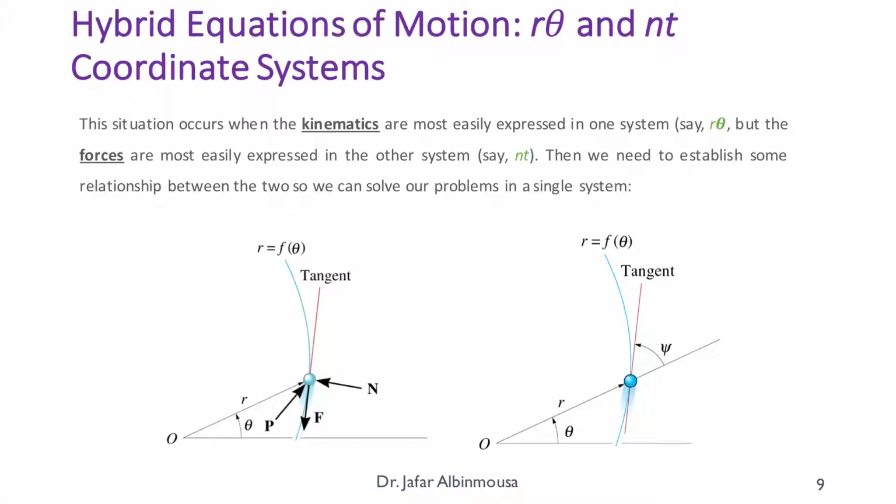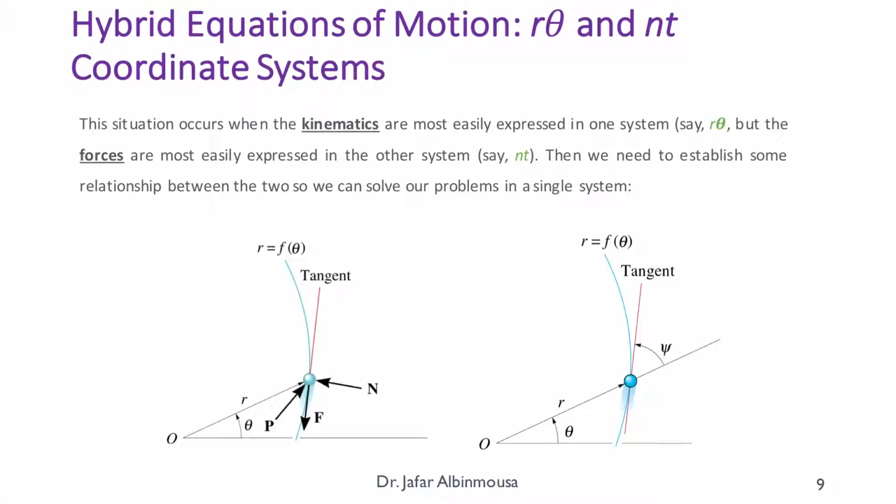The reason is that it is sometimes found that kinematics can be easily expressed using the RT, the radial transverse system, while the forces, which are the kinetics, can be easily described using the normal tangential system. So what are we going to do? We are going to introduce an angle which is called psi, represented over here.